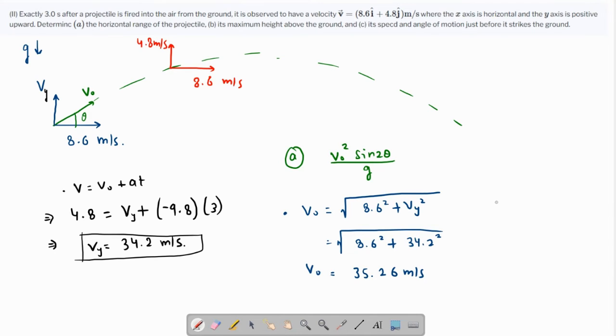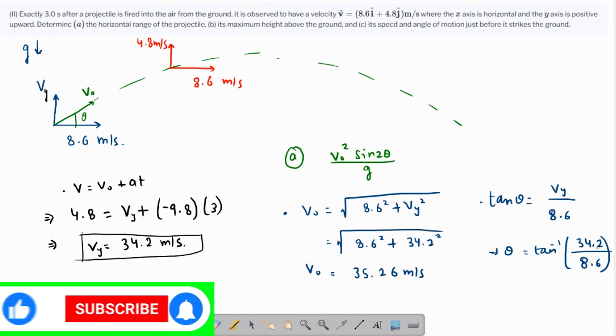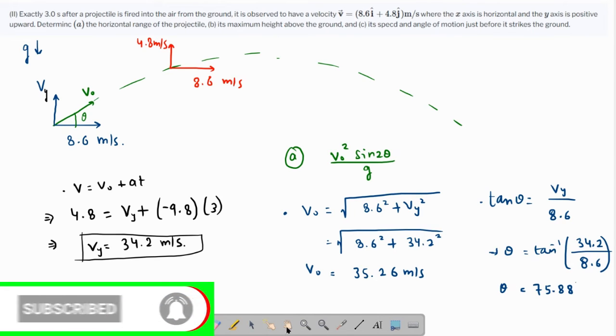For theta, tan theta is the vertical velocity over the horizontal velocity, so theta is tan inverse of 34.2 over 8.6. Let me grab my calculator. Tan inverse of this comes as 75.88 degrees. This is the angle of launch.